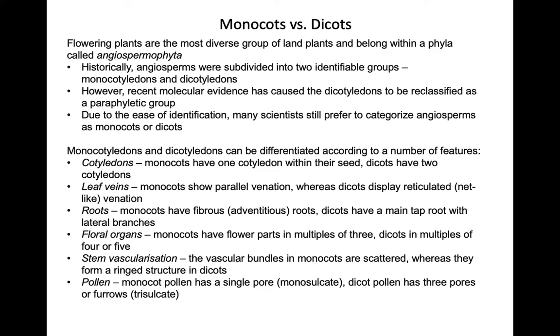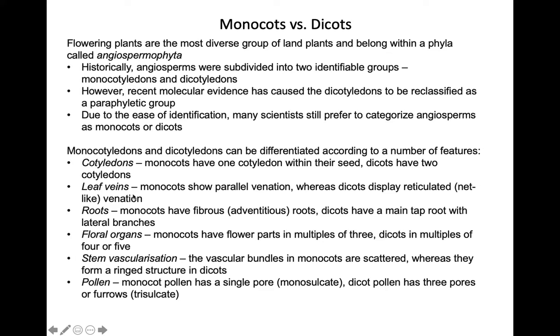And this is just once again comparing monocots and dicots. So we looked at the cross-section of the stem and the roots, and we saw that the vascular bundles are arranged differently depending on whether it's a monocot or a dicot. So some other things are, in terms of cotyledons, monocots have one cotyledon with their seed, dicots have two cotyledons.